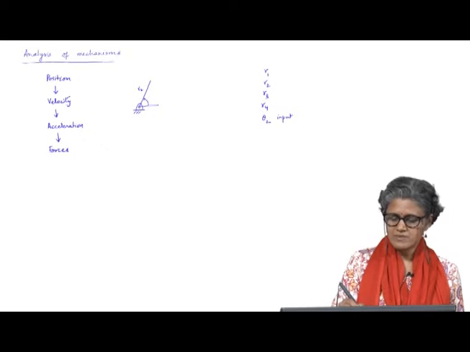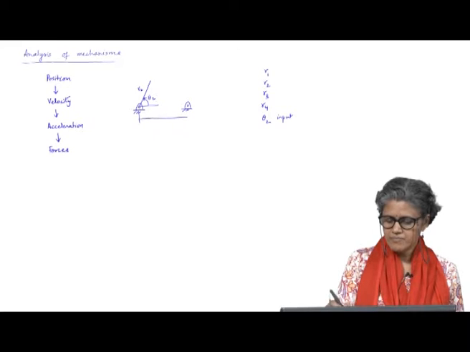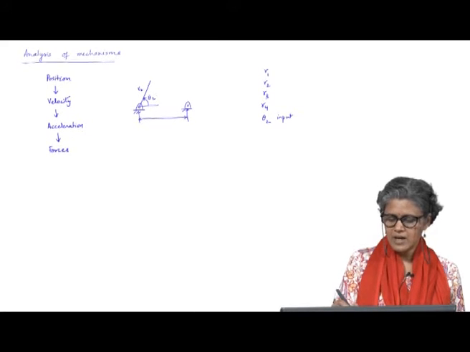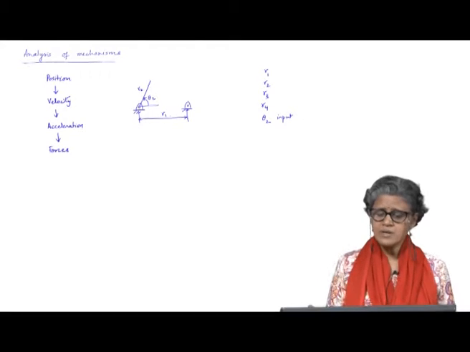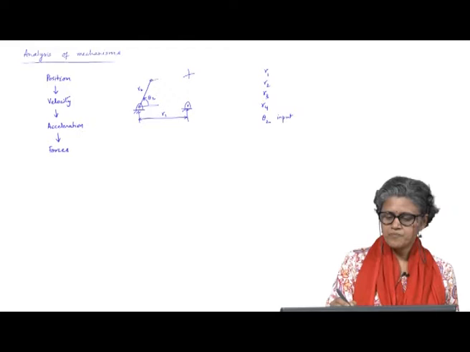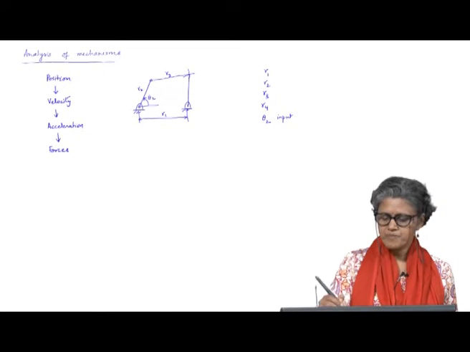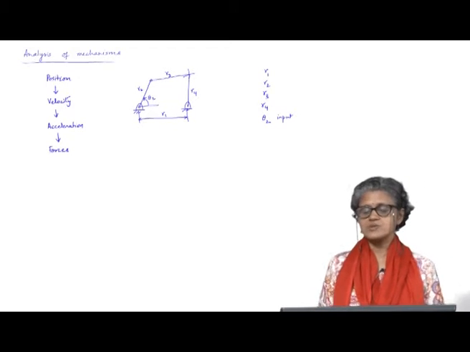Then I know R1, so that also I can mark off. This is R1. And then I take R3, R4, an arc from here, that gives me the location of the joint, so that gives me the position analysis for this 4 bar.